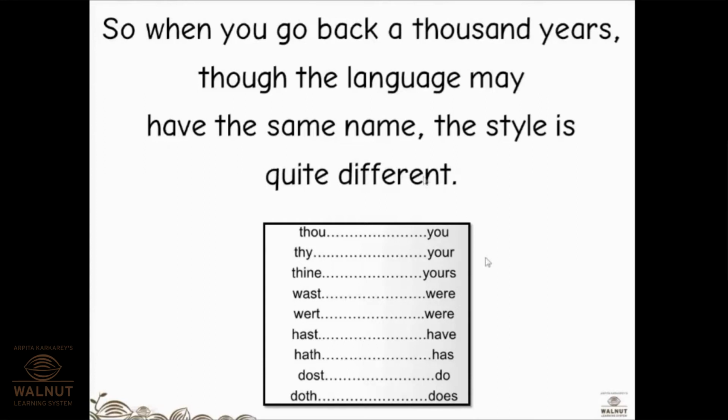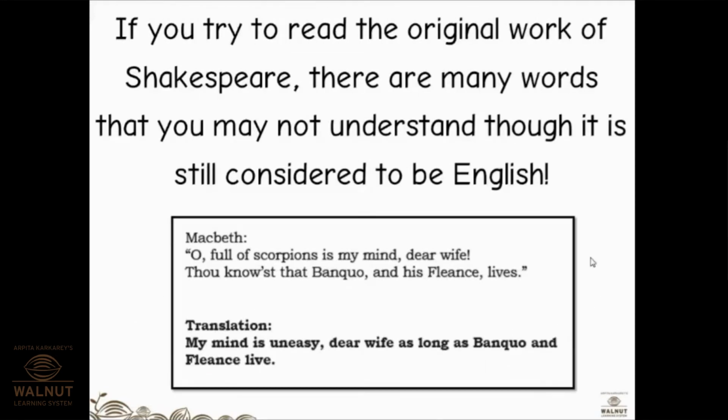So this way things have changed. Okay. So the words have changed, the meaning is same. The language is same. The name of the language is same. But the words gradually change after years and years. Okay. If you try to read the original work of Shakespeare, there are many words that you might not understand, though it is still considered to be English.